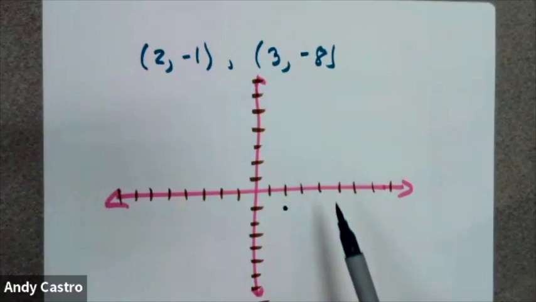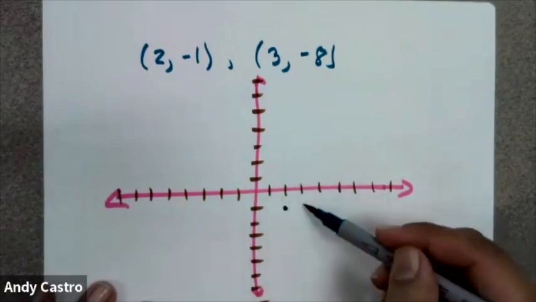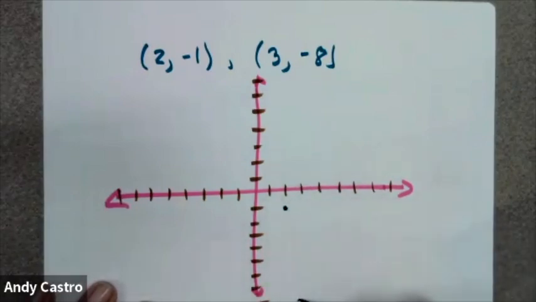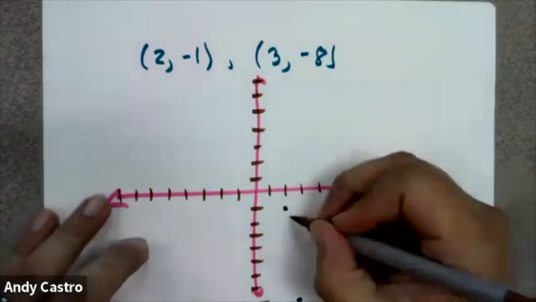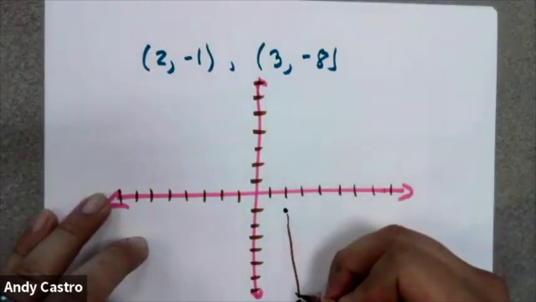And my second point is 3, -8. 1, 2, 3, -8. All right, so we want to know this distance right here.